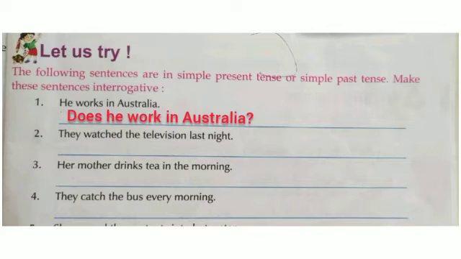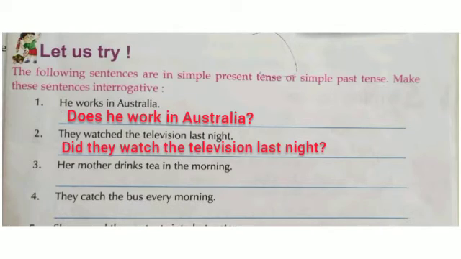Second question. They watched the television last night. Here, the verb watched is in past form, isn't it? So, we need to add did before the subject they. So, the answer will be, did they watch the television last night? And don't forget to put a question mark at the end of the sentence. Okay, children. Third question. Her mother drinks tea in the morning.